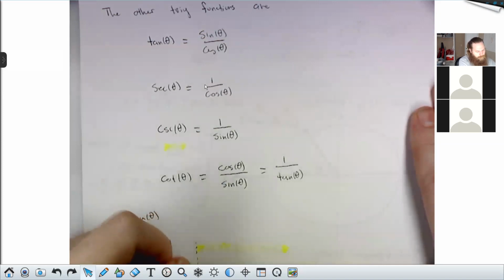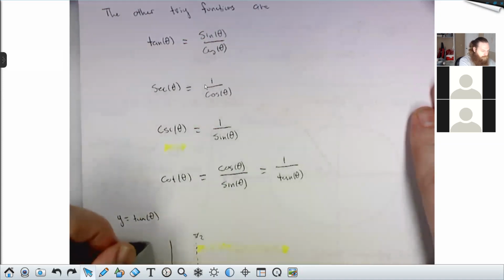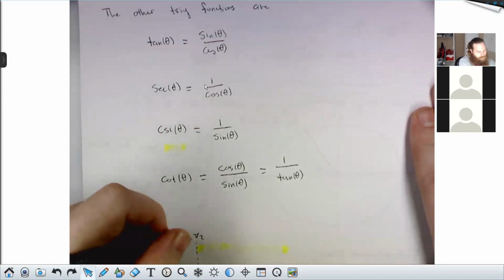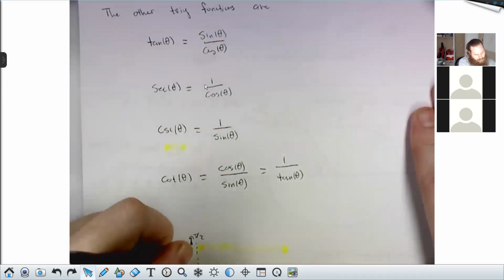So here I'll put pi over 2. Here is negative pi over 2. And here is what tangent theta looks like, more or less.